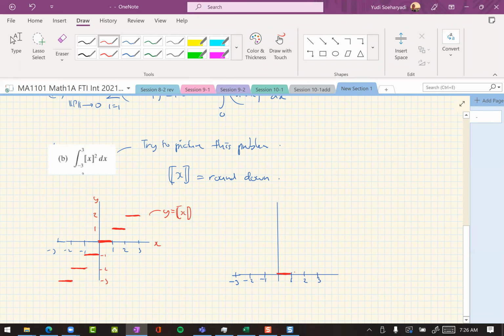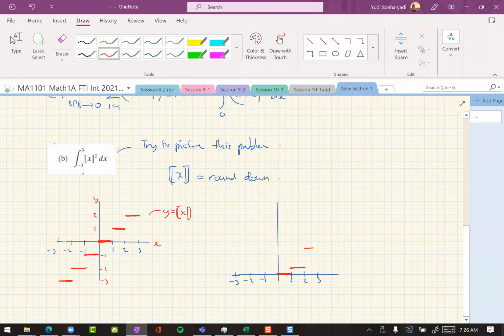Here the value is 4. 1, 2, 3, 4. This is 1. And this 2 becomes 4. 1, 4. 1, 2, 3, 4.